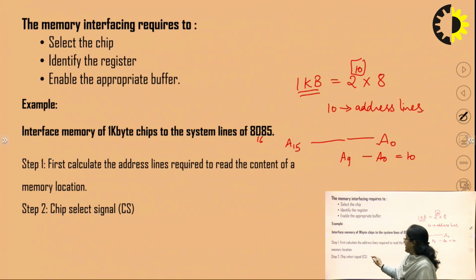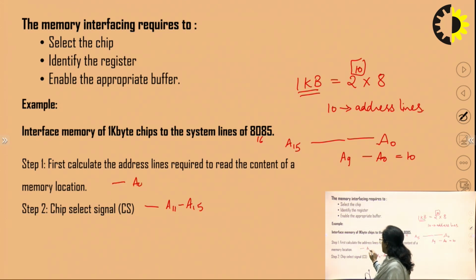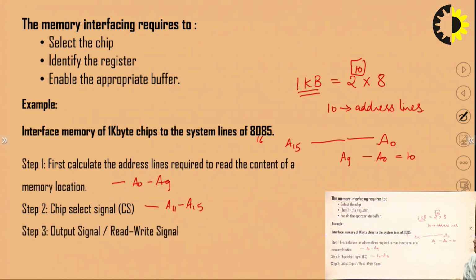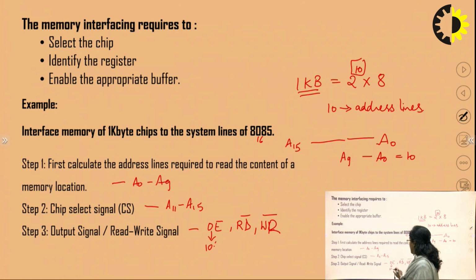So for chip selection, we will use lines A10 to A15, and here we will use A0 to A9 lines. And the most important, we need signals, that is chip enable signal, output enable signal, read signal and write signal. So output enable is by IO/M bar. This signal we will use to enable the output.